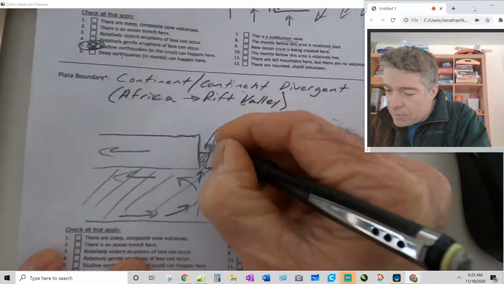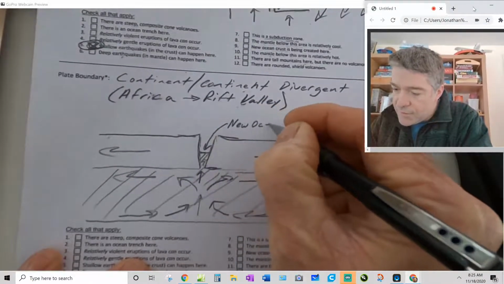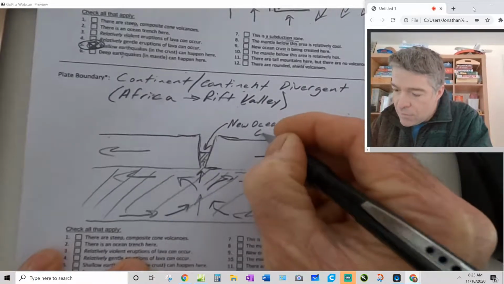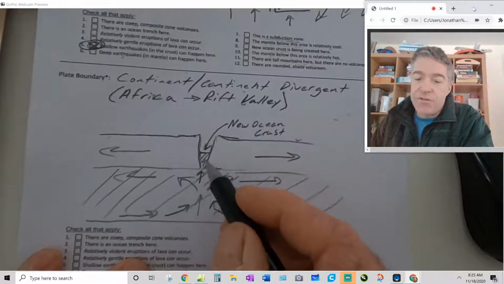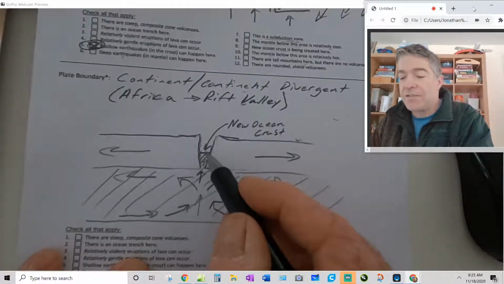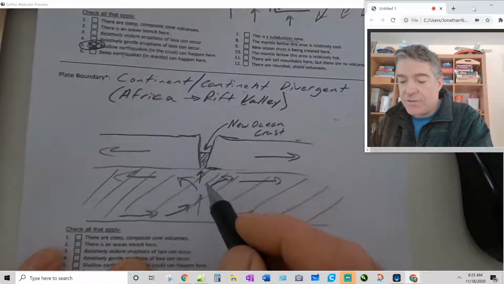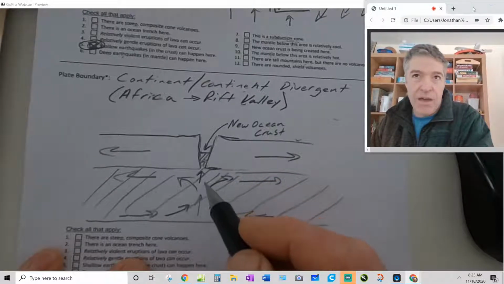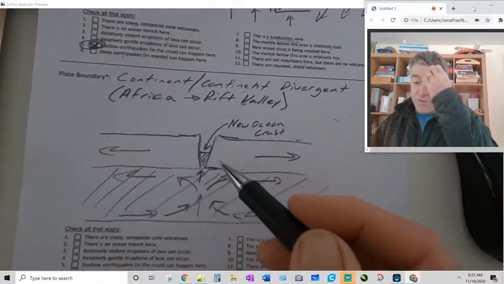And I'll make a note that this is new ocean crust. And it's ocean crust even if there's no water filling in over it yet. Even if the crack hasn't connected with the ocean and filled in with water, this is ocean crust because it's made of the mantle material, and mantle material, when it hardens in a crusty layer, makes ocean crust.